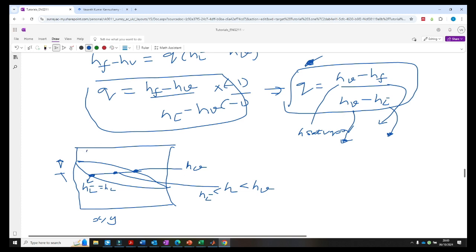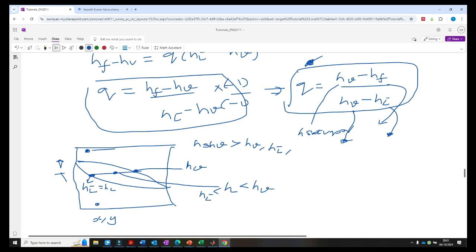And this should be less than the enthalpy of the saturated vapor. Somewhere at the top you have a superheated vapor, so the enthalpy of the superheated vapor should be greater than the enthalpy of the saturated vapor.